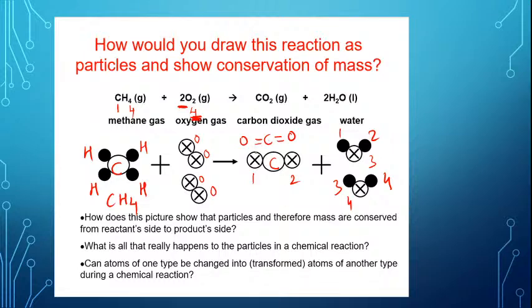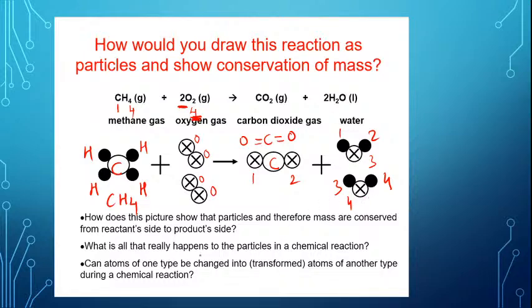So the carbon atom is going to share 2 pairs of electrons with 2 oxygen atoms. That's why we can see double covalent bonds between the 2 oxygen atoms and carbon, right? The other product is 2 molecules of water, which means 4 hydrogen atoms and 2 oxygen atoms, right?